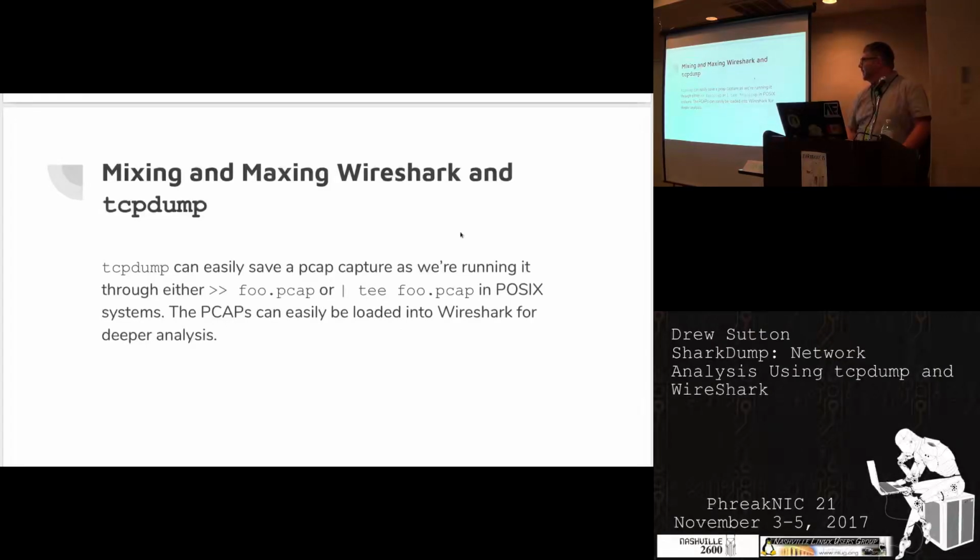You can easily save those PCAP files by either redirecting to foo.pcap or doing a pipe to foo.pcap, and then take those PCAPs, load them up with Wireshark, and start looking at things at multiple levels with a single screen view.